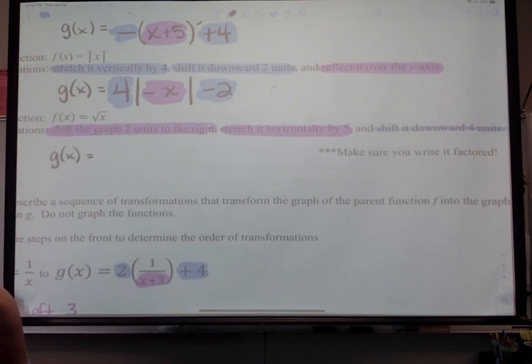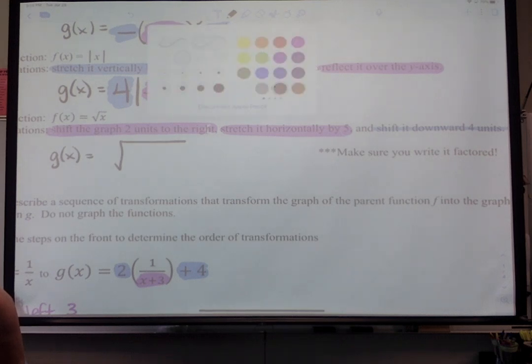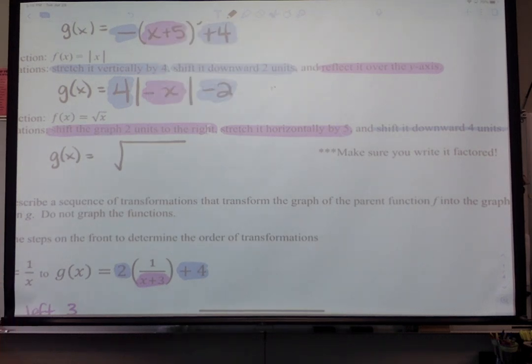Last one. It's a root function. I think I'll do the vertical first. Down 4. Whew. That's the easy part. Now, I need to stretch it horizontally by 5 and 2 to the right.